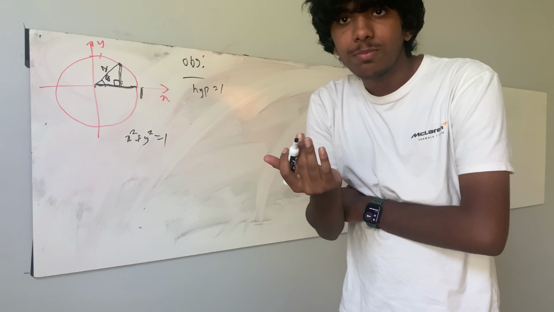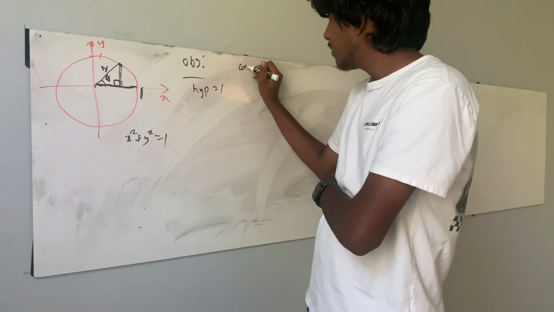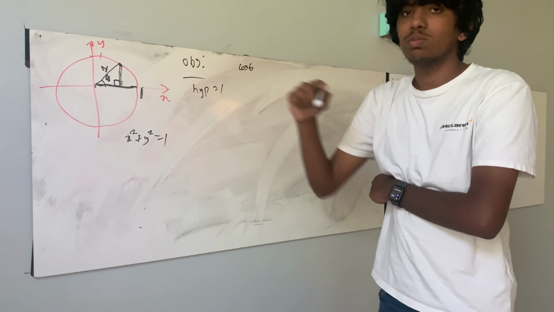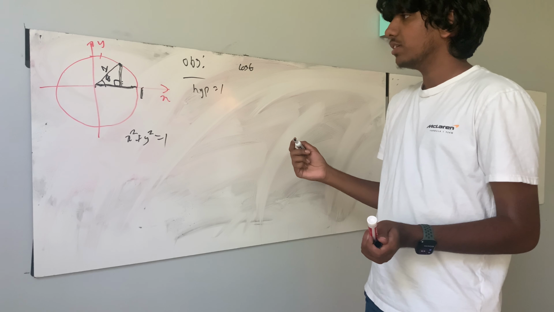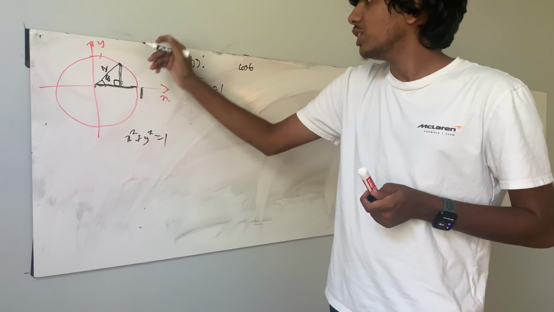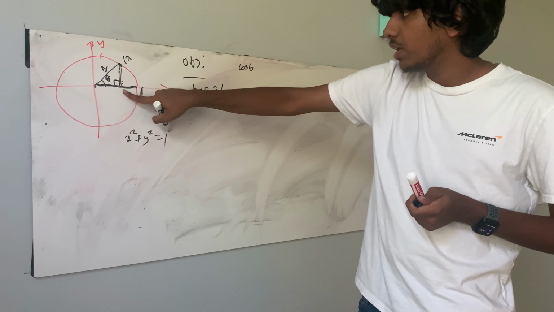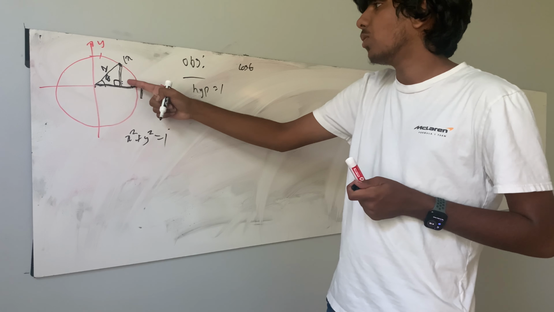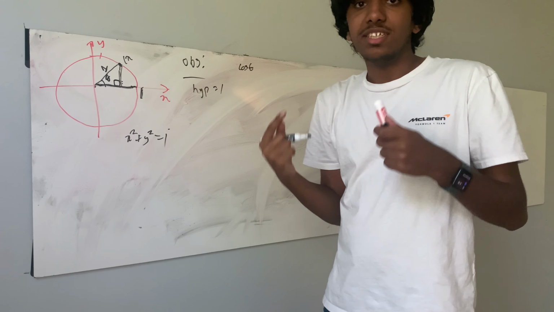Let's use some trigonometry. We know that the cosine of this angle would have to be this adjacent side over 1. But wait, the adjacent side is just the x direction of that given point, because you're going that much horizontal. Similarly, for the y direction, you're going that much up, and that over 1 is your sine.